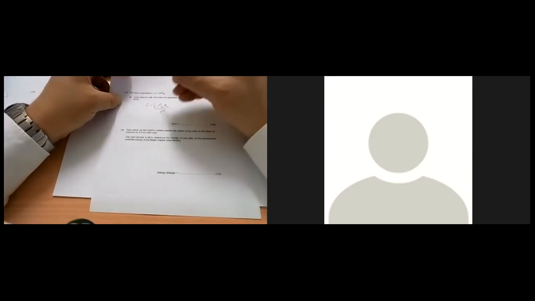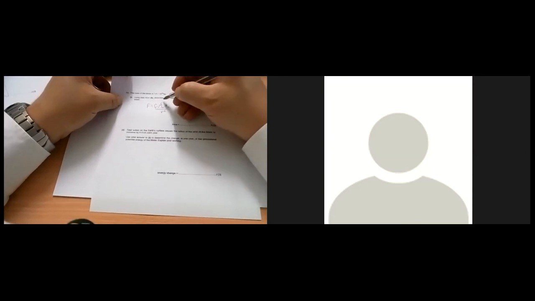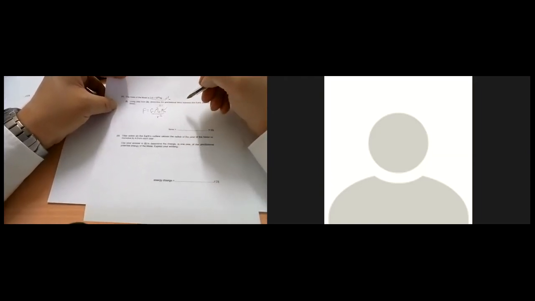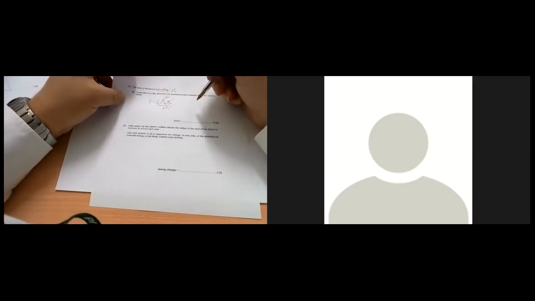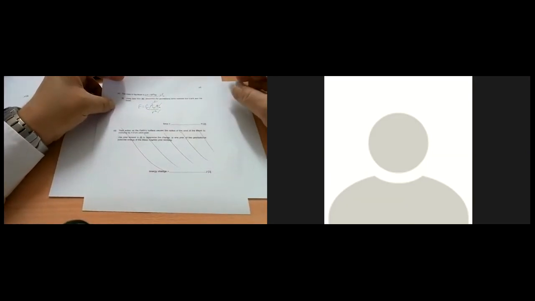We know the mass of the Earth because we're given that from part B, part 3. We know the mass of the Moon because we've been given it there. We know R because we're given R earlier on in the question, so we can work out the force. And that should bring you to the end of that particular exercise.